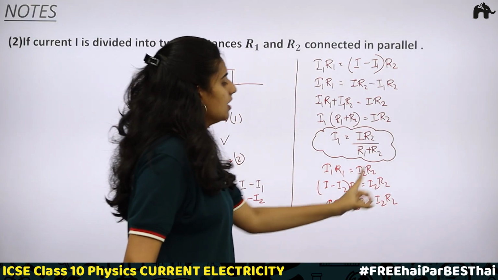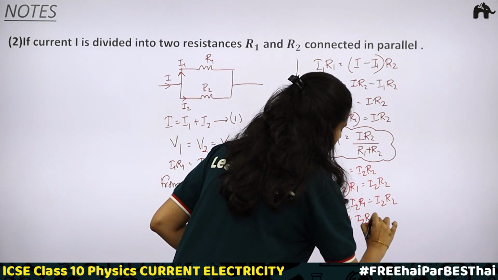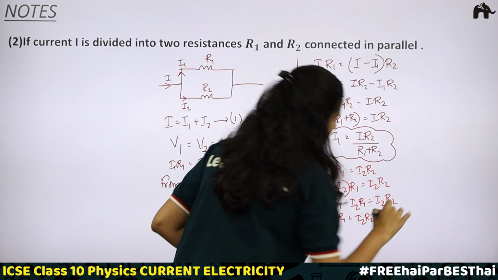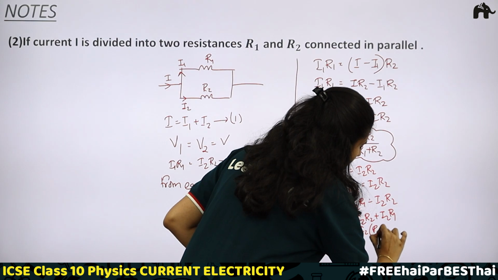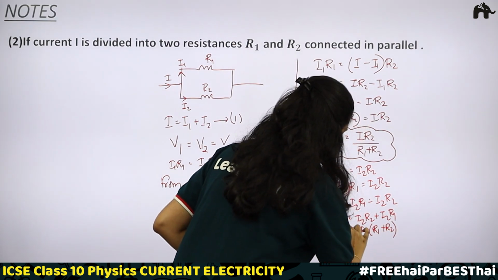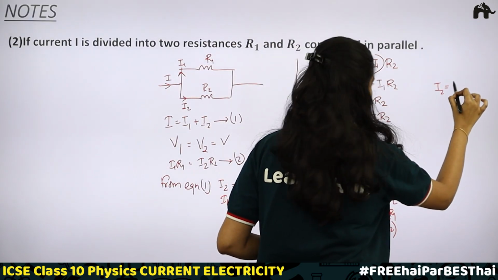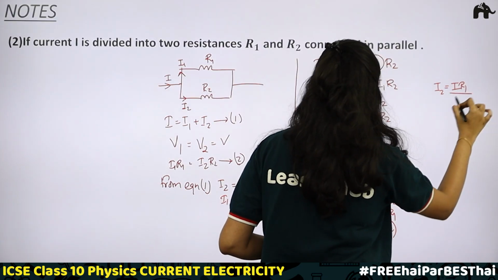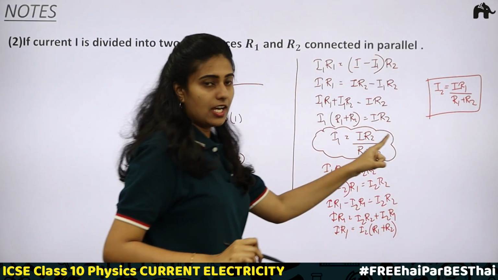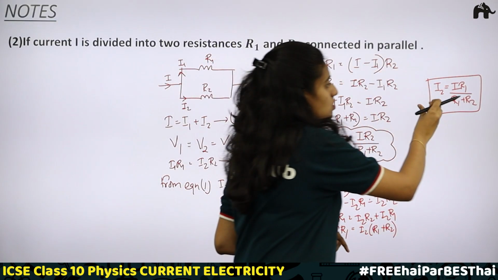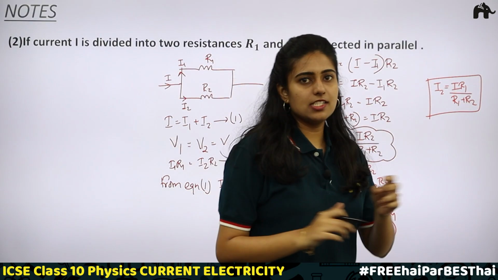Taking the I2 containing term to the opposite side, I R1 is equal to I2 R2 plus I2 R1. I2 is common, so I2 into R1 plus R2 is equal to I R1. Therefore, I2 is equal to I R1 divided by R1 plus R2. So I1 is I R2 divided by R1 plus R2 and I2 is I R1 divided by R1 plus R2. This is how you can find the current through each resistor.